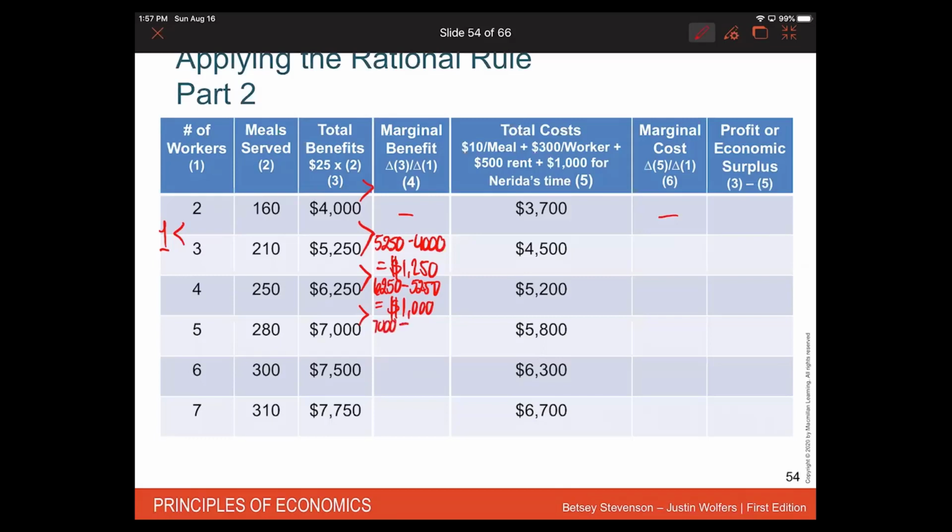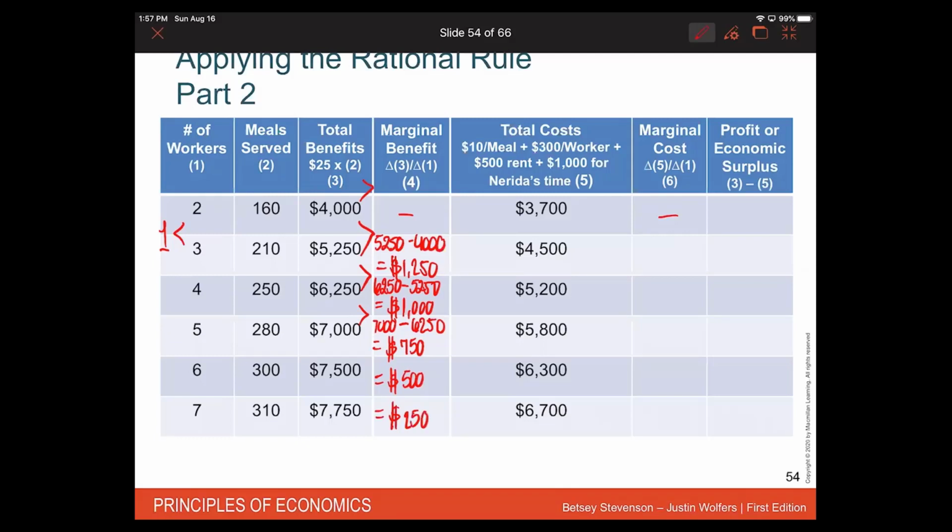We subtract 6,250, which is the total benefits of the 4 workers. So we have a marginal benefit at the 5th worker of 750. Now let's do that for the 6th and 7th, and we got 500 and 250.